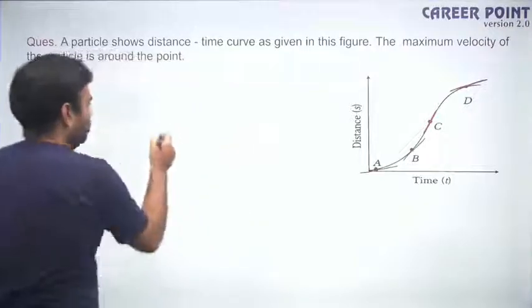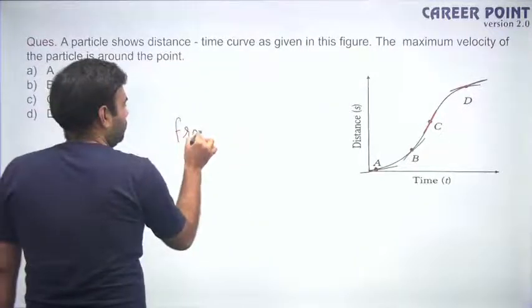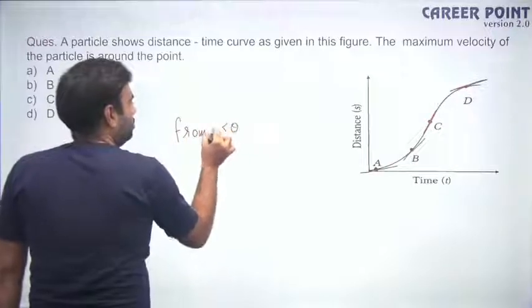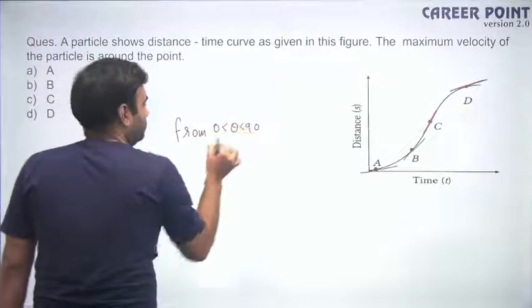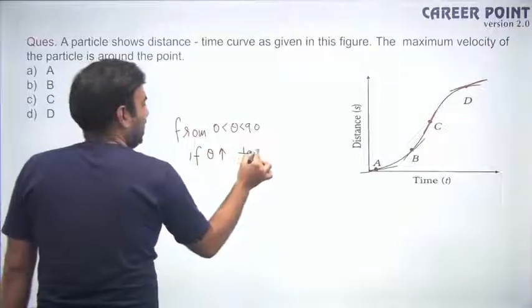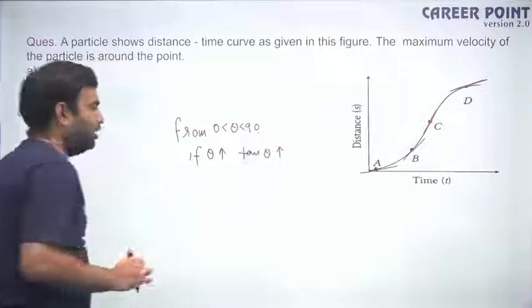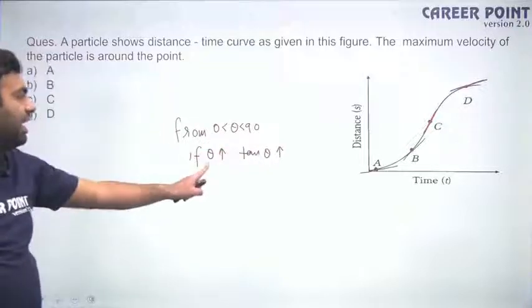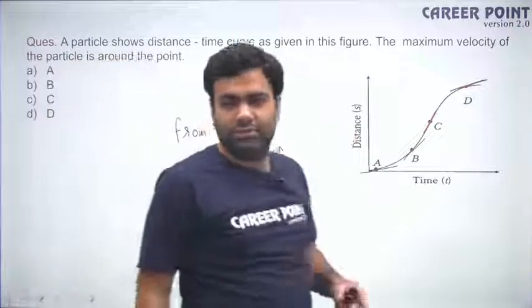Because you know, from theta 0 to 90 degrees, if theta increases, tan theta also increases.